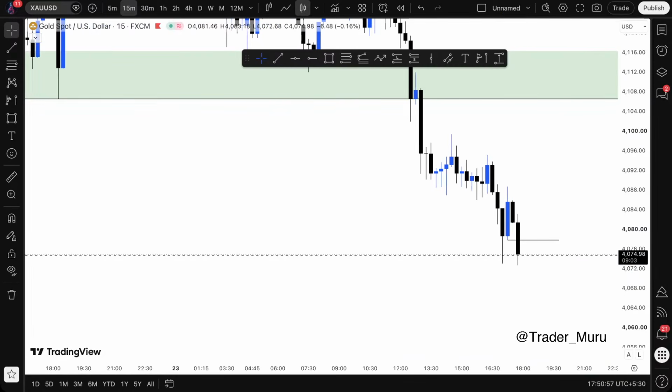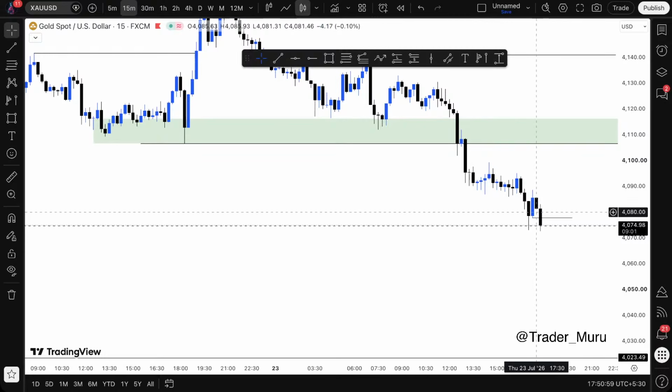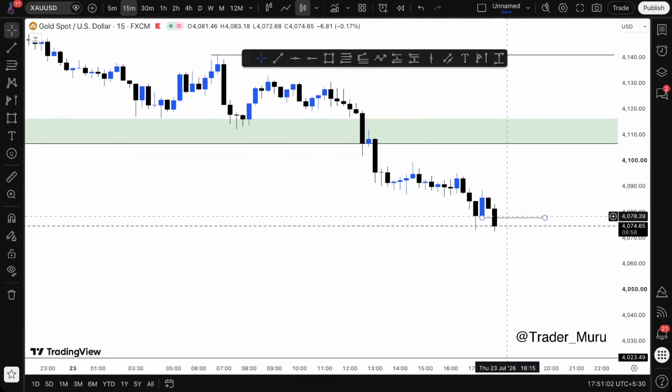Trump is injecting selling volume. Maybe a spike and close above.